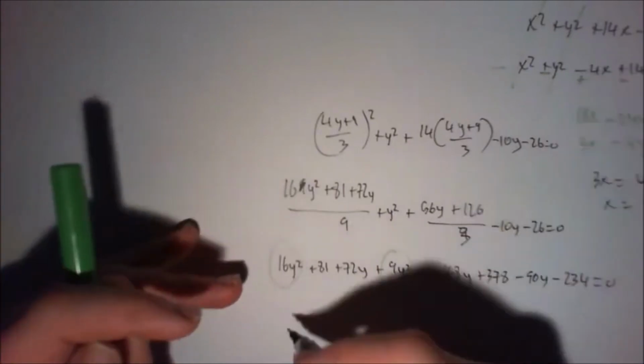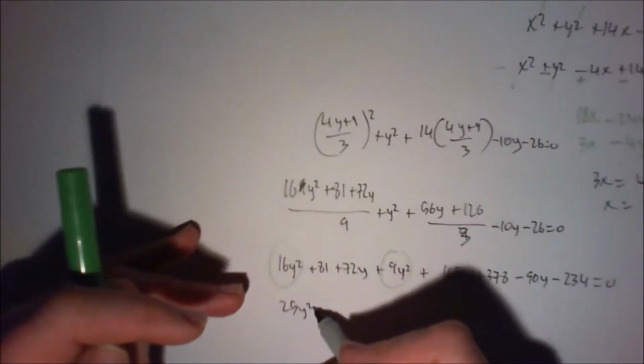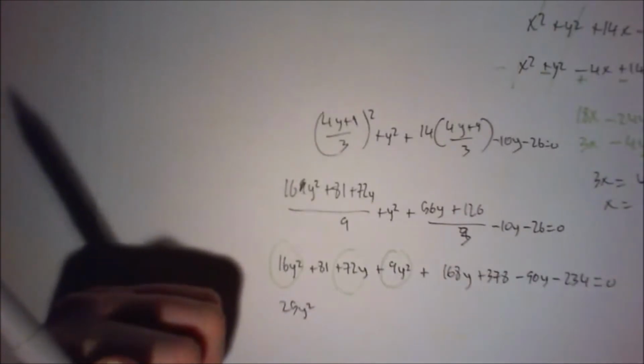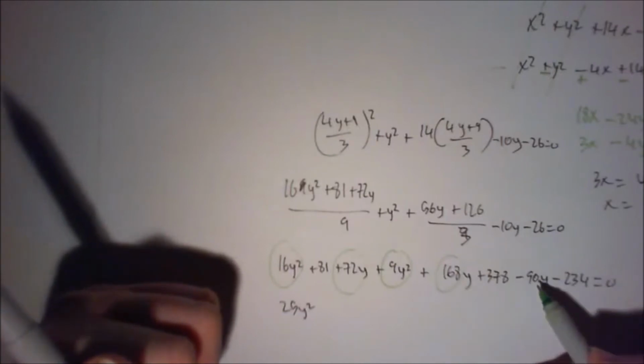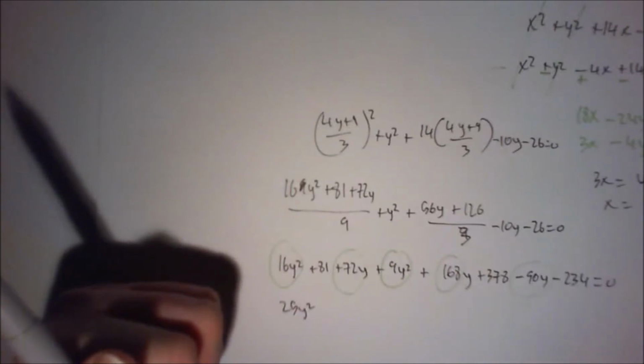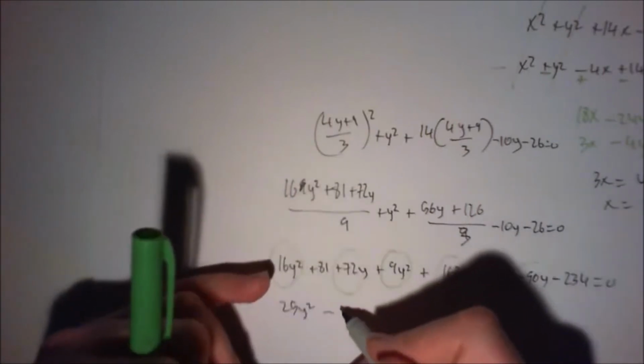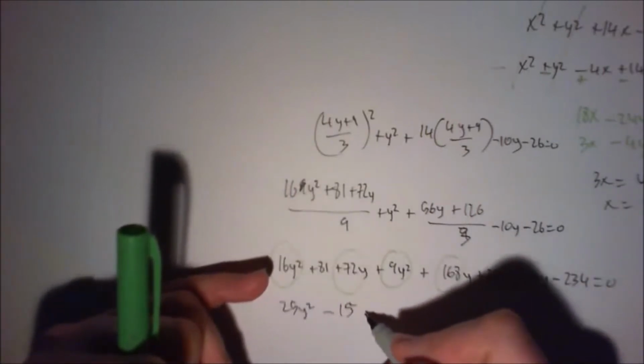25y squared. Now, 72 plus 168 minus 90 is 150. Okay, it's looking good so far. Those two things are factors of each other.